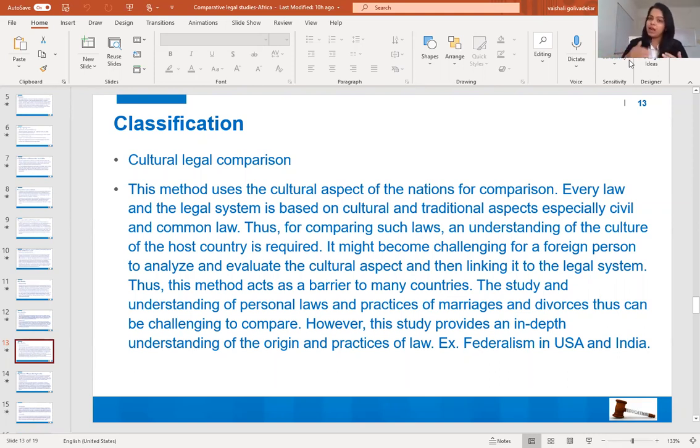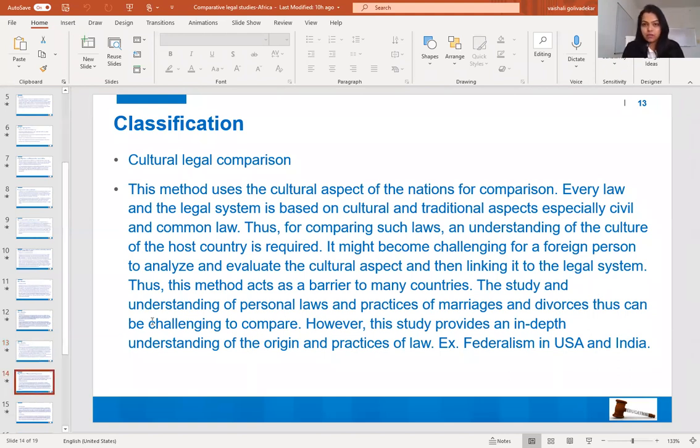So yes, federalism is taken from the US, from another country, by doing comparative legal studies, but not the same federalism which is applicable in the US. In India, more powers are given to the central government as compared to state governments. In the US, more powers are there with the federal government, right? So comparison is done, comparative study is used, but some changes are also made while taking a law from a foreign country. And that is called cultural legal comparison. Next slide.